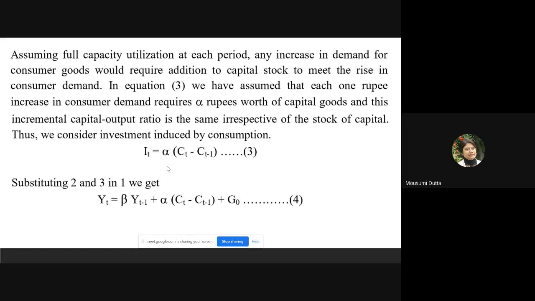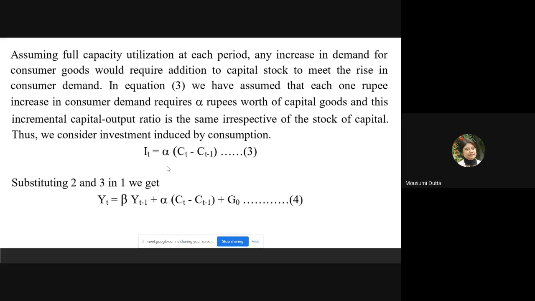If there is a difference in consumption of past period and present period, investment will rise, because here we are considering the change in capital which is coming from the channel of change in consumption expenditure.